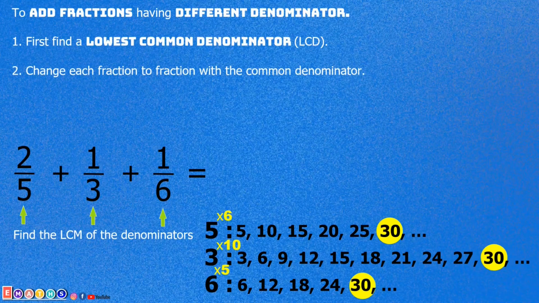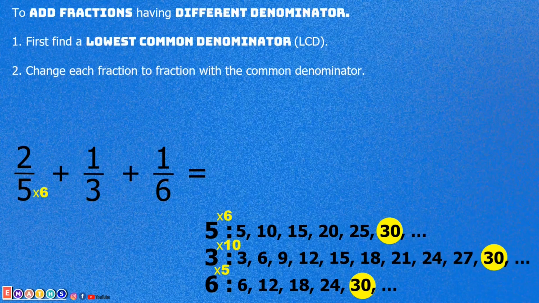We will now change each fraction to have the common denominator. We multiply top and bottom of our first fraction by 6, our second fraction by 10, and our third fraction by 5.